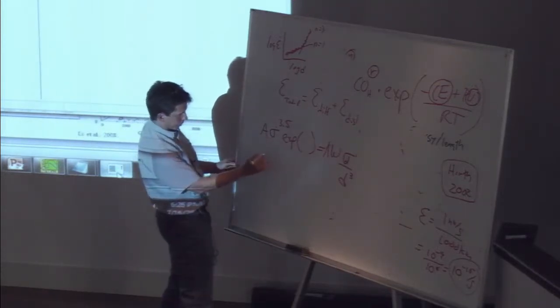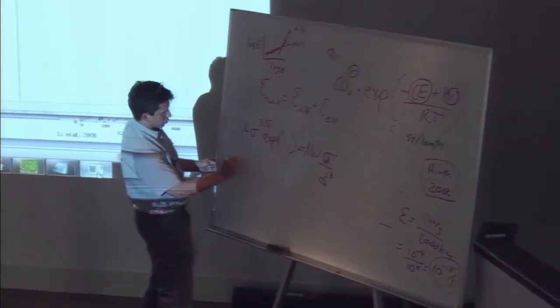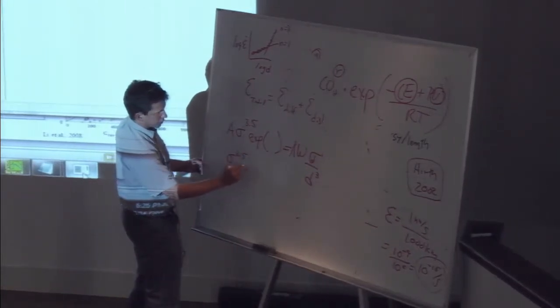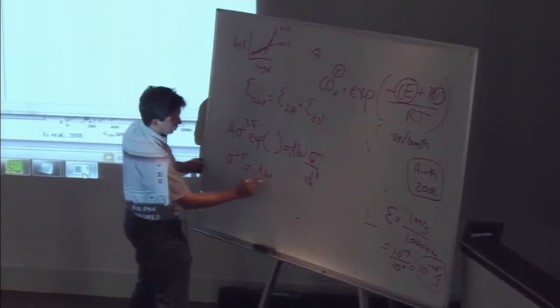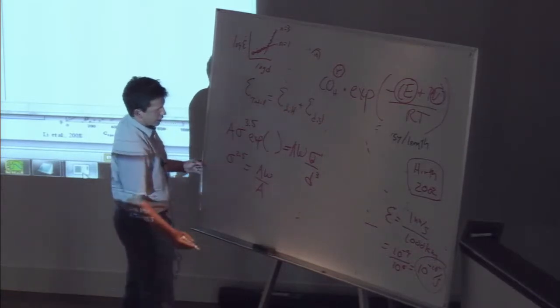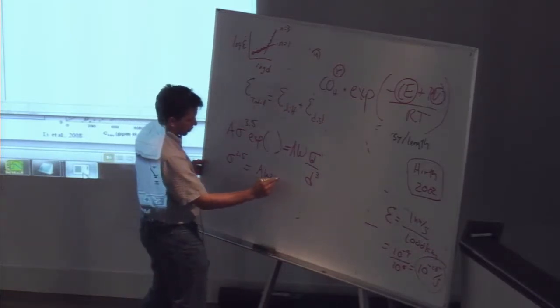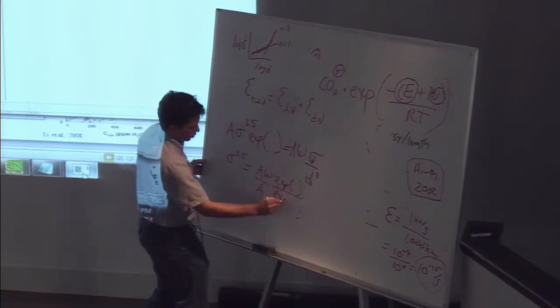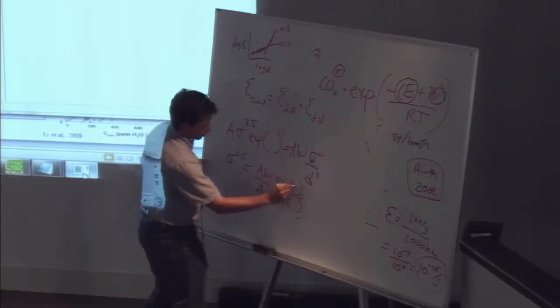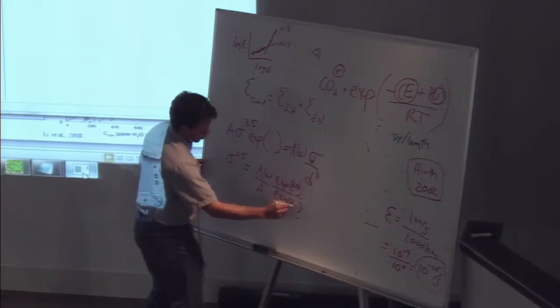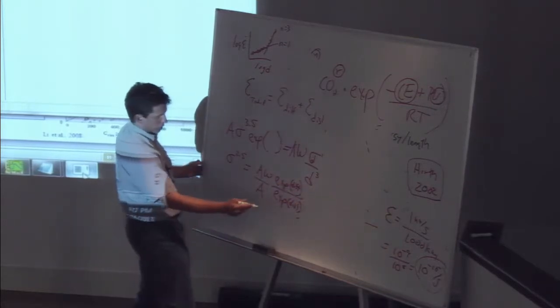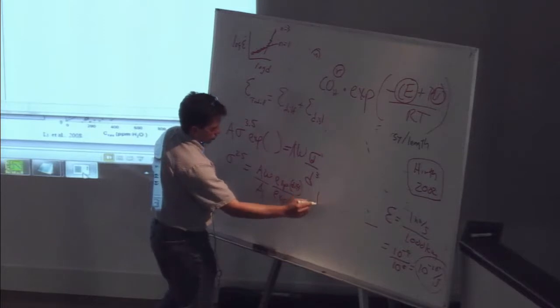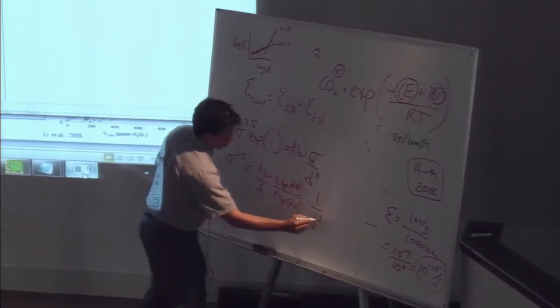So you get stress to the 2.5 equals A_W over A times the exponential term for the diffusion creep divided by the exponential term for the dislocation creep. I'll just skip that for the sake of time. Times 1 over D cubed.